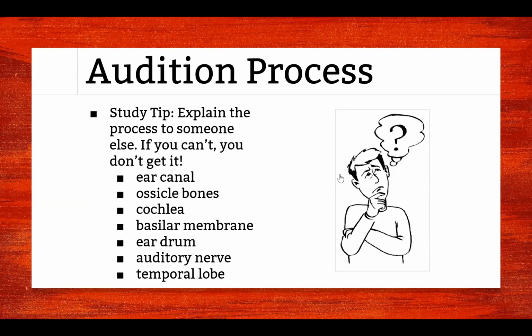Now, I want you to write these down: ear canal, ossicle bones, cochlea, basilar membrane, eardrum, auditory nerve, temporal lobe. Your ossicle bones are the hammer, anvil, stirrup.